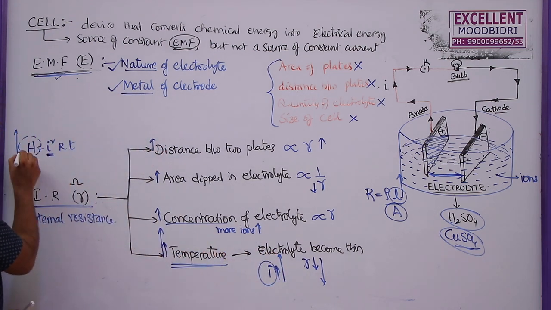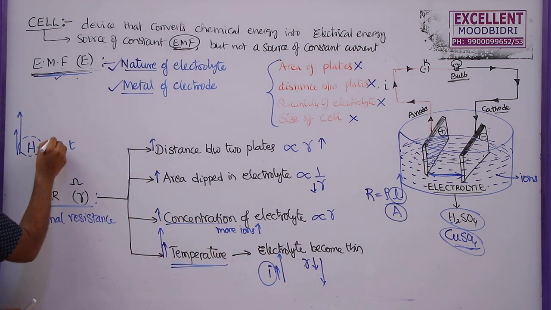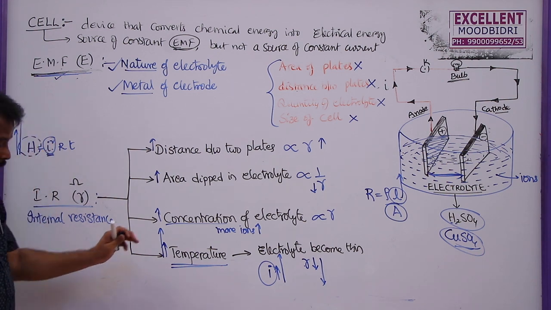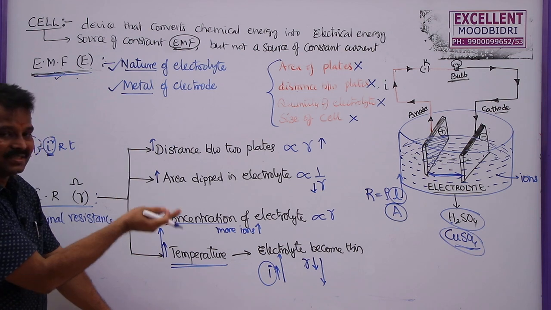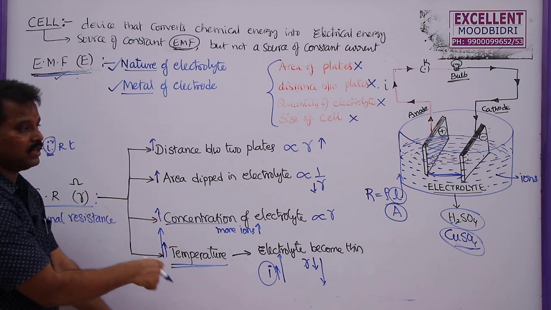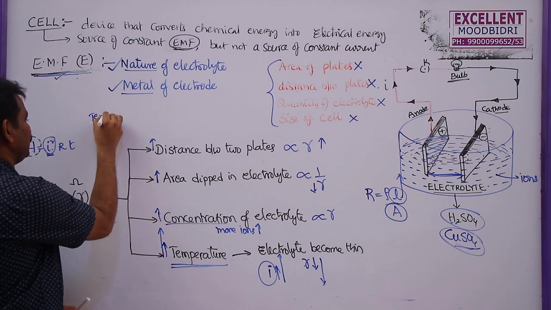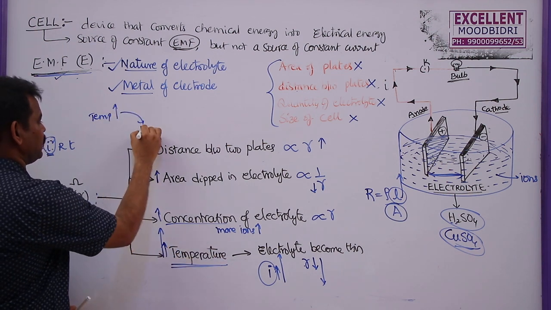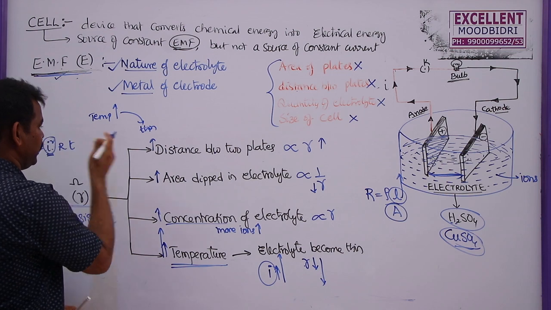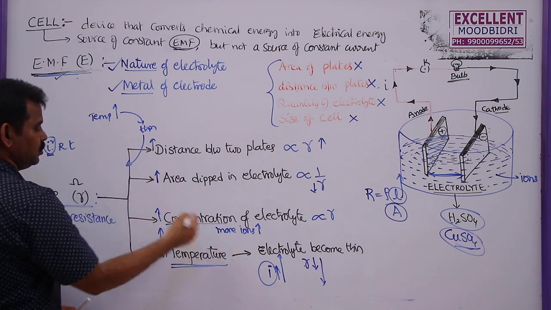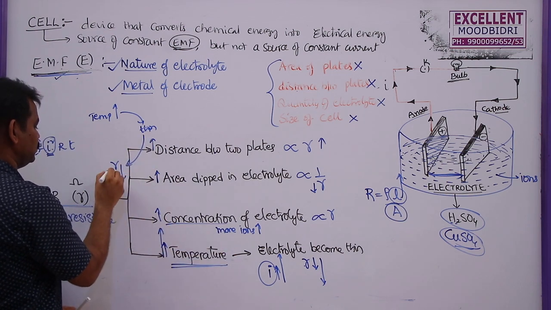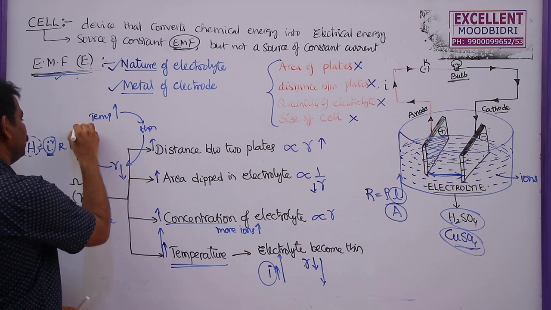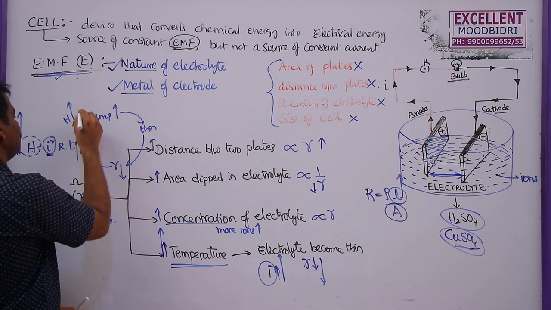This is just like a cycle. If temperature increases, the electrolyte will become thin. Due to this, the internal resistance will decrease. Due to this, the current will increase. Due to this, heat energy increases.